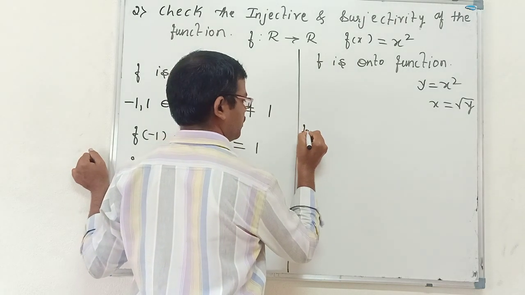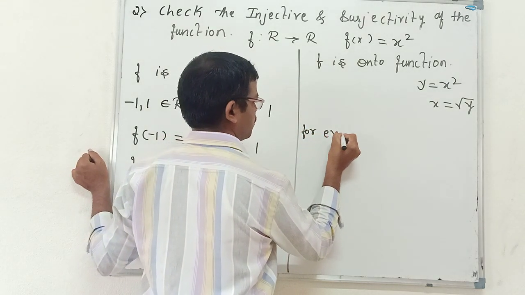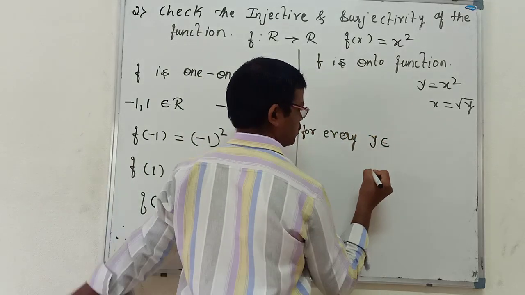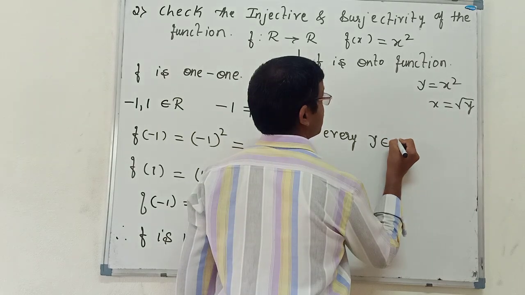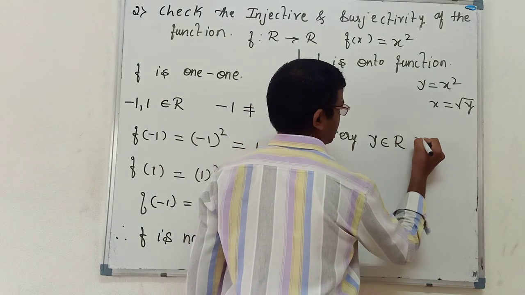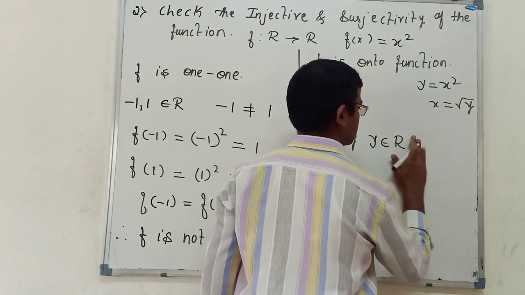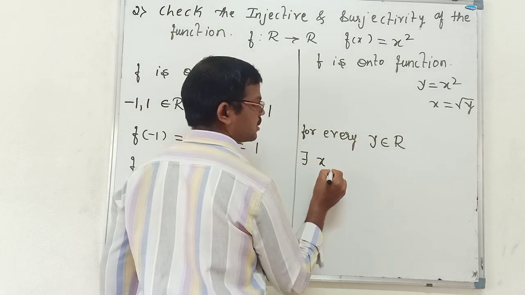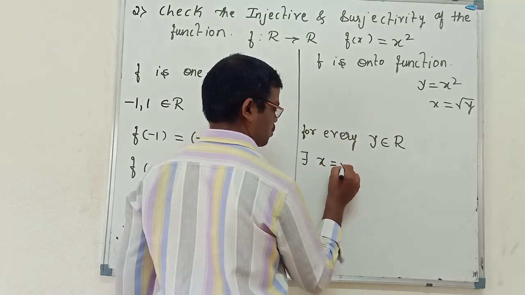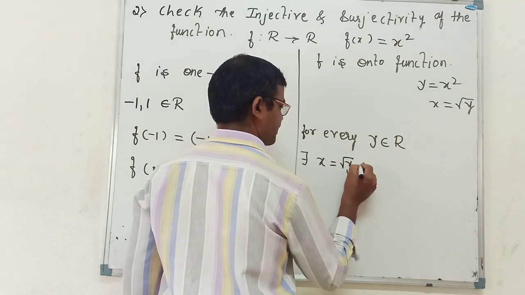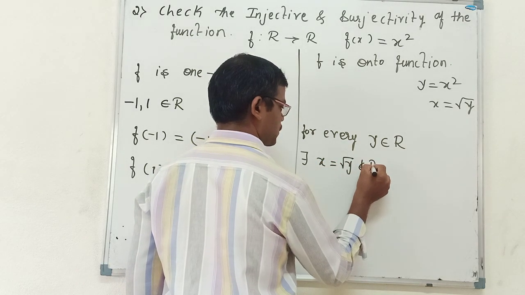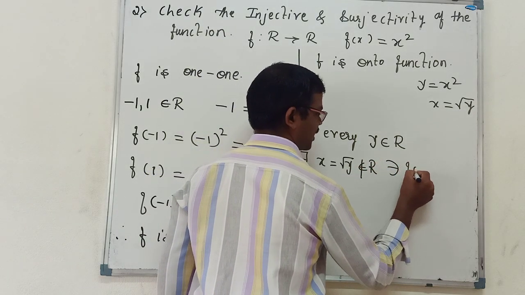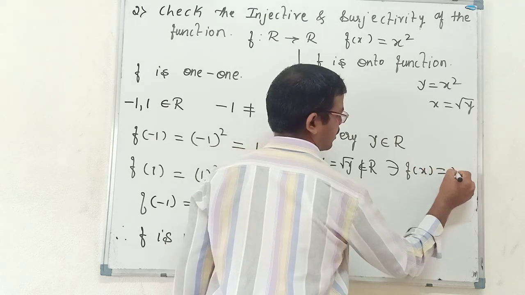For every y belongs to R, there exists x equal to root y, which does not belong to R, such that f of x equals y.